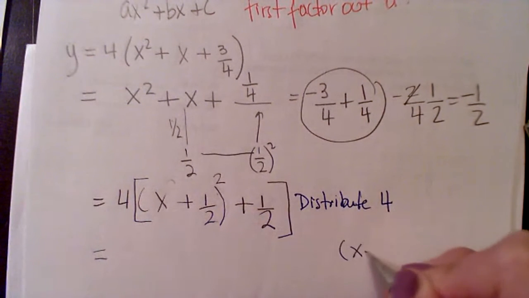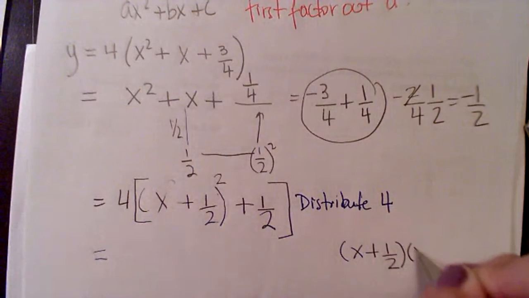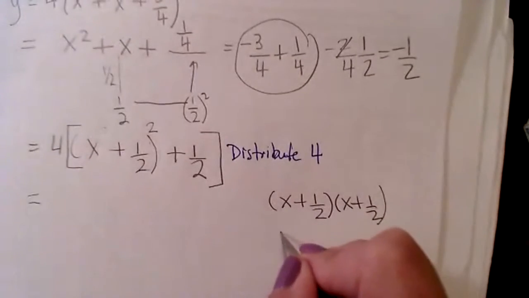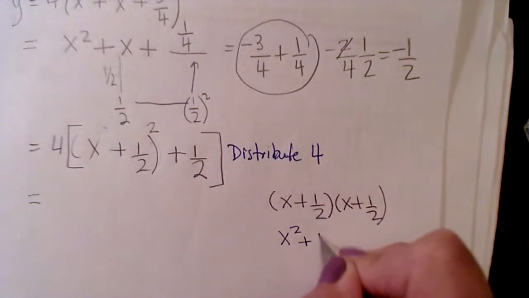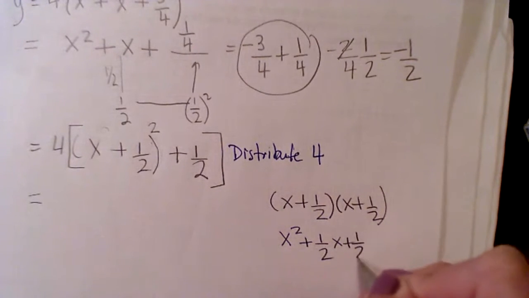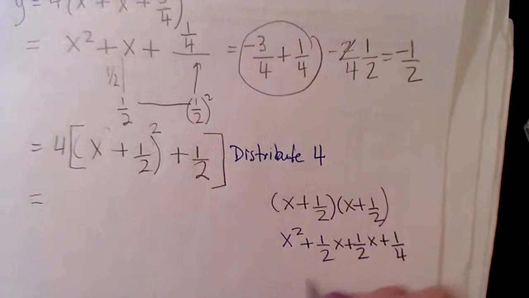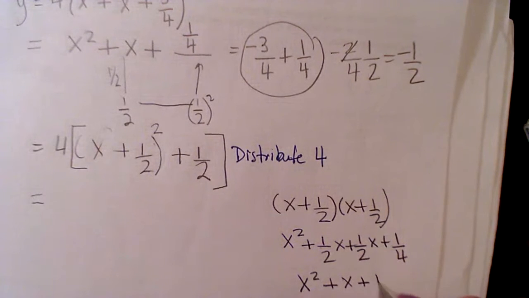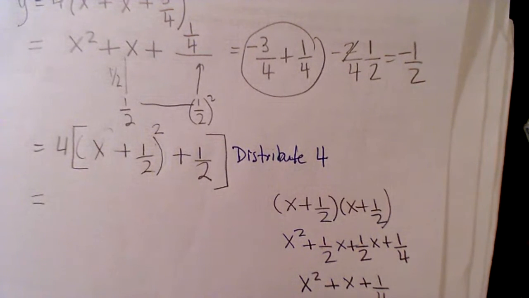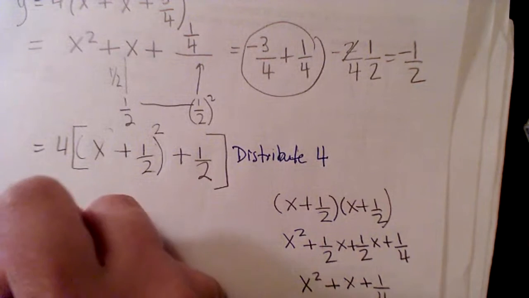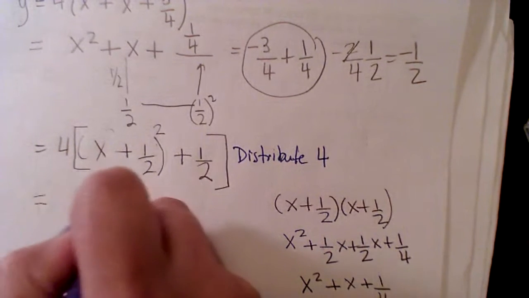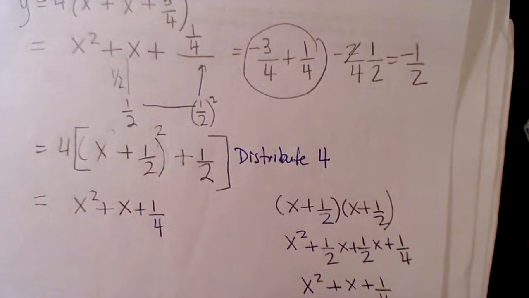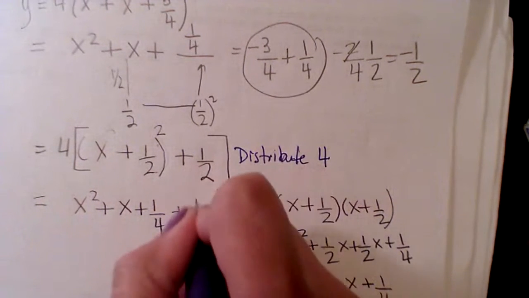So let's do it over here. X plus 1/2 times x plus 1/2. Okay, gotta do this part first. So it's x squared plus 1/2 x plus 1/2 x plus 1/4. What do we have here? Half and half, that's 1 x, plus 1/4. Correct? So we have x squared plus x plus 1/4, plus 1 over 2.